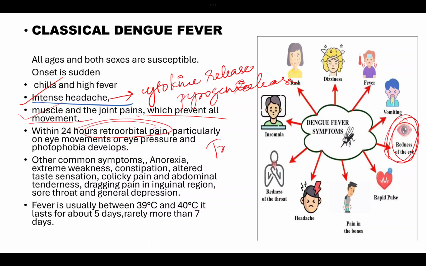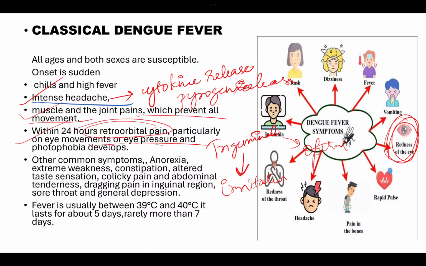I told you that the trigeminal nerve inflammation and irritation will be there, and this trigeminal nerve has its ophthalmic division, right? So that leads to the orbital pain. That is the deep pain behind the eyes that the patient complains of.